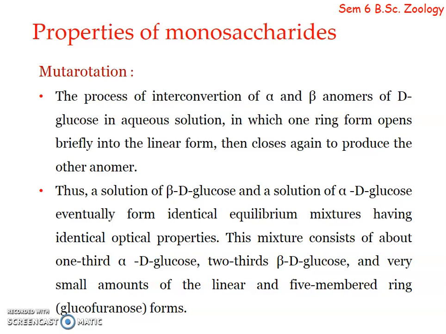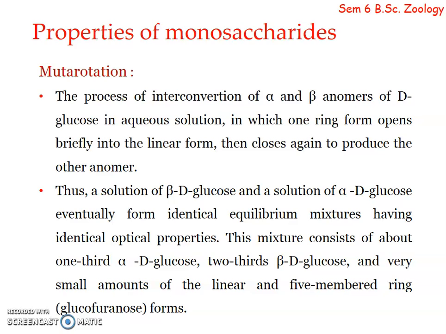Next is mutarotation. We have already seen that glucose or fructose, etc., can exist in two forms. One is the linear open chain, and the second is the cyclized form, alpha or beta anomers. So when glucose is dissolved in water, forming an aqueous solution, the glucose can exist in three forms.